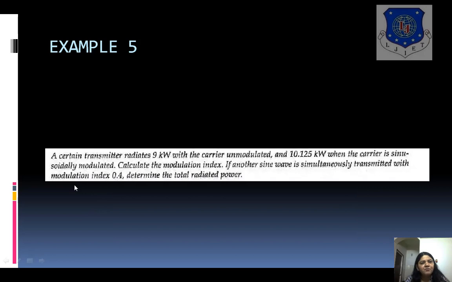Now example number 5. A certain transmitter radiates 9 kilowatt with the carrier unmodulated and 10.125 kilowatt when the carrier is sinusoidally modulated. Calculate the modulation index.